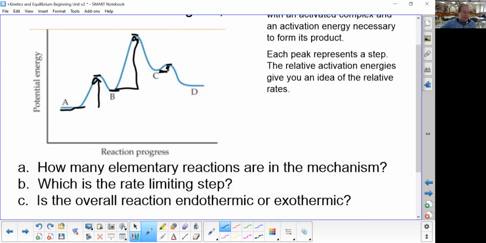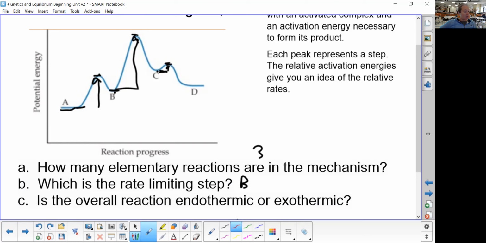So from the bottom of the peak, from A to the top before you get to B, from B to the top before you get to C, from C to the top before you get to D. So there are 3 elementary reactions. The rate limiting step is going to be B, the second step of the mechanism. So A to B is less than B to C, and then C to D is the slowest.